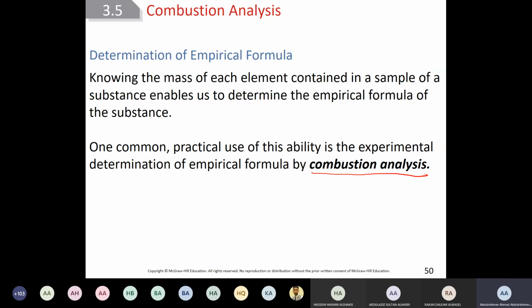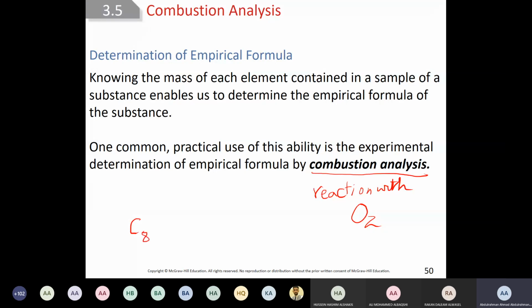Burning with oxygen, a chemical reaction with oxygen. What you're doing in your car, for example, is a combustion reaction. What's the combustion that we have in our cars?